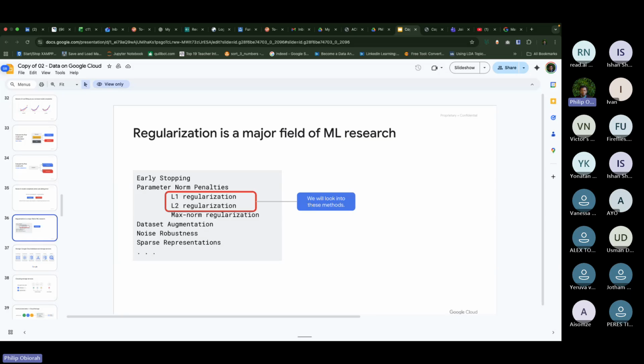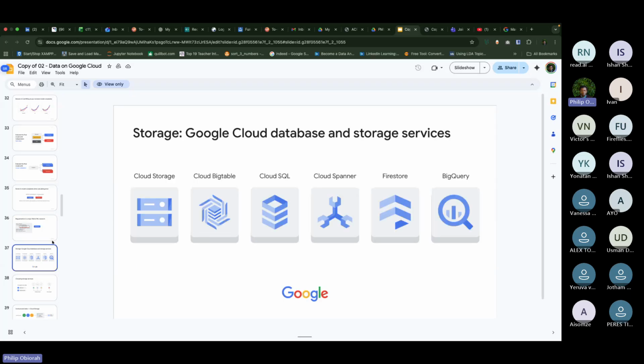So there's early stopping, there's L1 regularization, L2, data augmentation, noise robustness. These are different techniques. So just know it's for reducing overfitting, right? Yes, we've seen this before already.